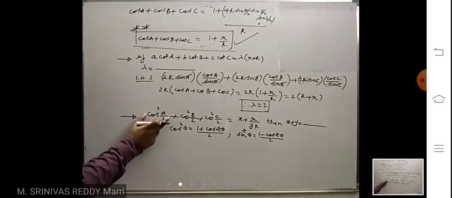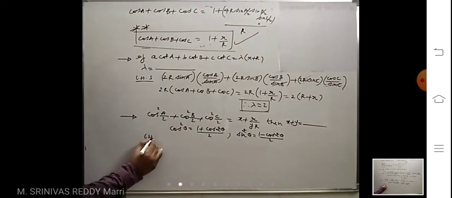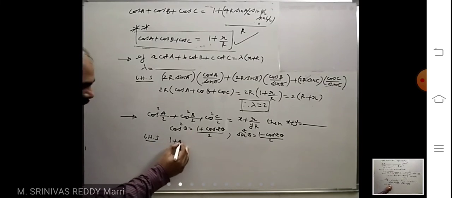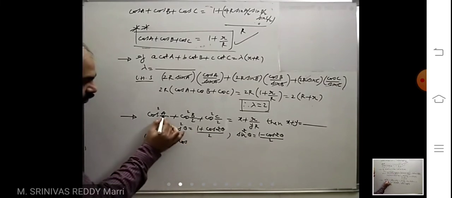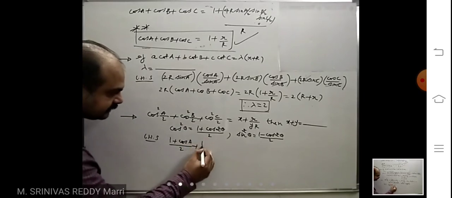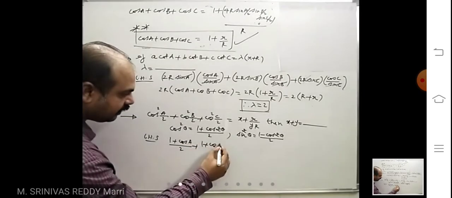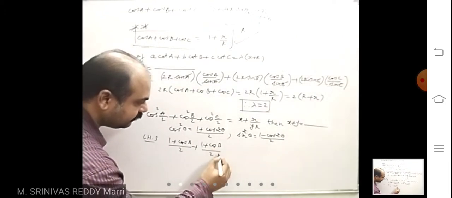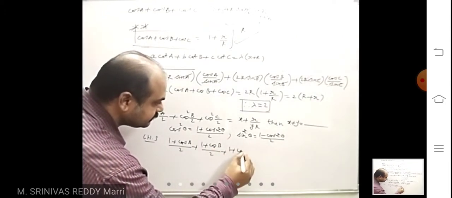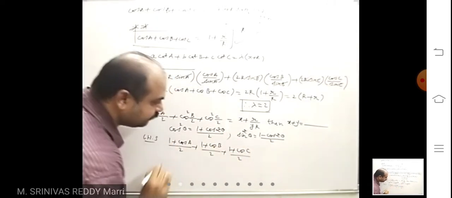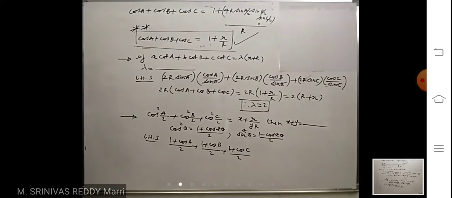Right? Here cos square is there, LHS you take. This is theta A by 2: 1 plus cos 2 into A by 2, divided by 2, plus 1 plus cos 2 into B by 2, divided by 2, plus 1 plus cos 2 into C by 2, divided by 2. So this is the one, right?